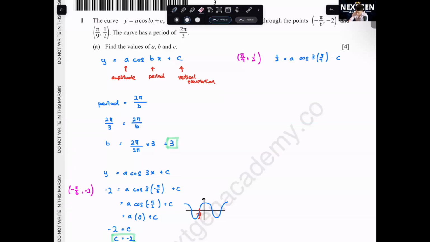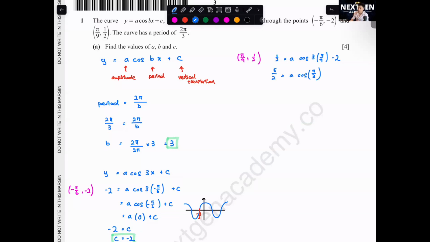We already have the c value, which is negative 2. We bring the negative 2 to the left-hand side first, so this becomes 5 over 2 equals a cos pi over 3.